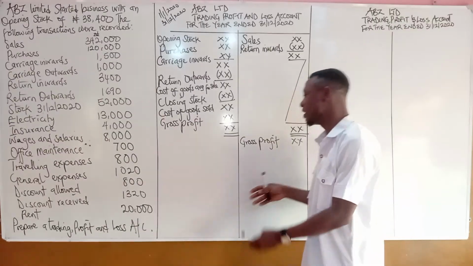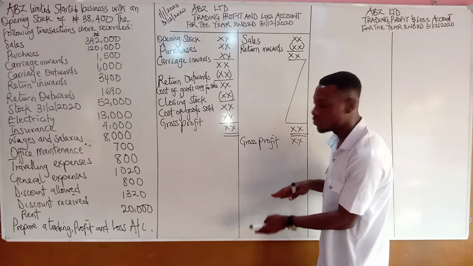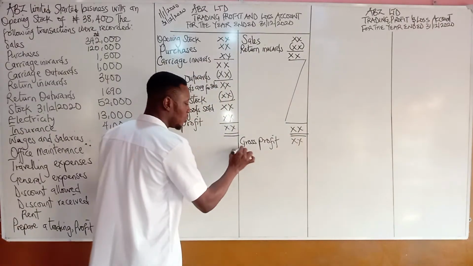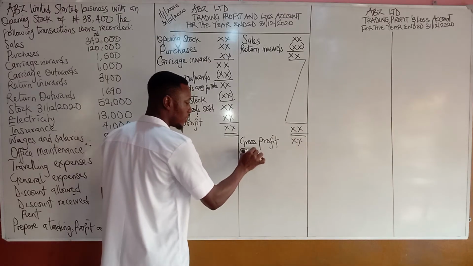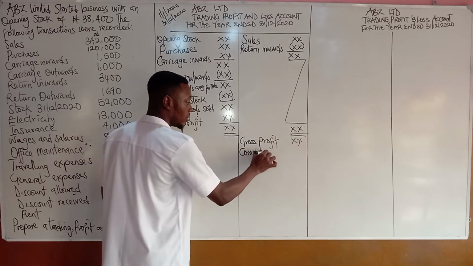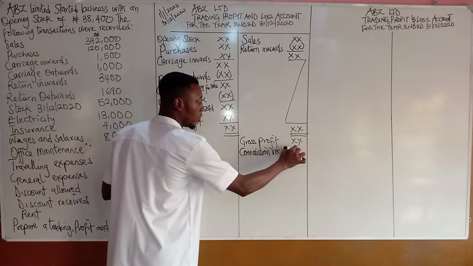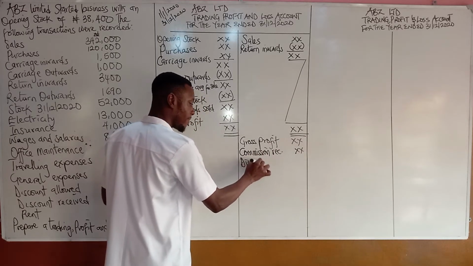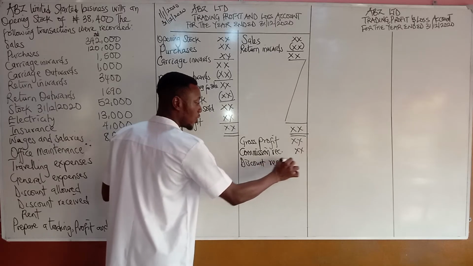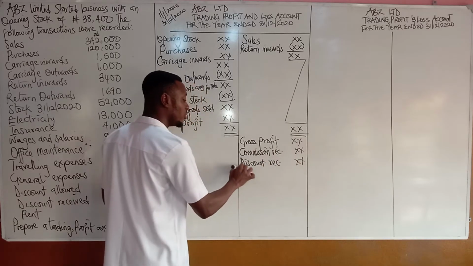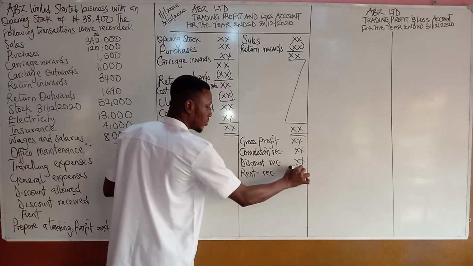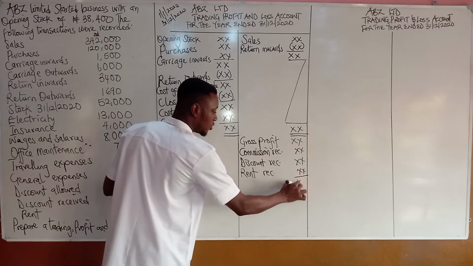But discount received is here, commission received is here. So let's say, assuming we have commission received, we will add discount received, we will add it here. Let's say you receive rent received, everything you received you add.